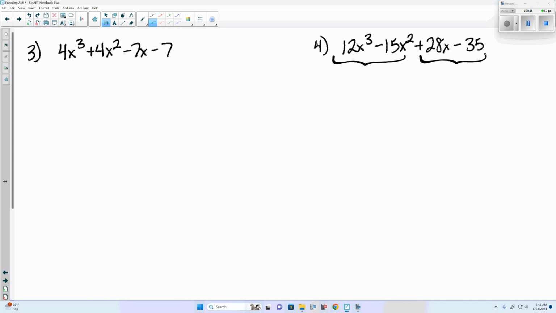Because if you look at these two sets of terms, pick whichever one you can find the greatest common factor of easiest between the two. Because if you're struggling with 12x cubed and 15x squared, well, 28x and 35 have a greatest common factor of 7, yes?